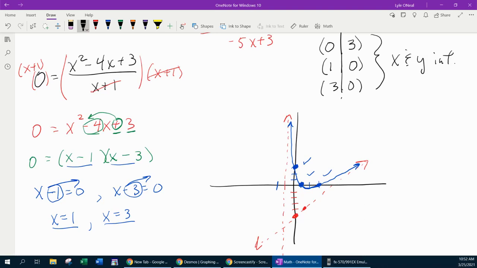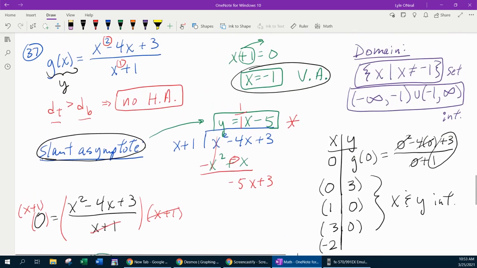So going back to our table of values up here, the x value that I want to look at is -2, because that would be to the left of the vertical asymptote, and I'm going to need to find the y-coordinate, which means I need to plug that x into the function.